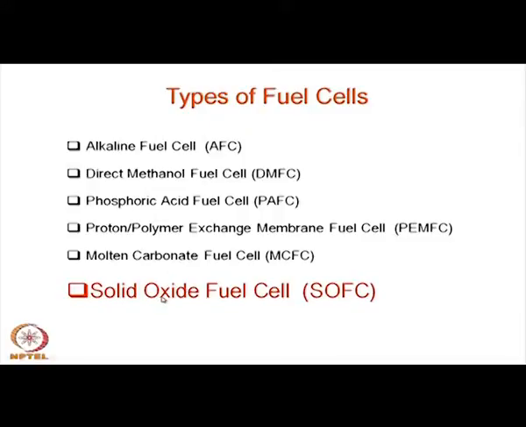Of course, research is going on to reduce the operating temperature, we will look at it. So, this is an all solid state fuel cell and all ceramic fuel cell. All the components are ceramic components and they must withstand fairly high temperatures. So, our topic of discussion will be concentrated on the solid oxide fuel cell.